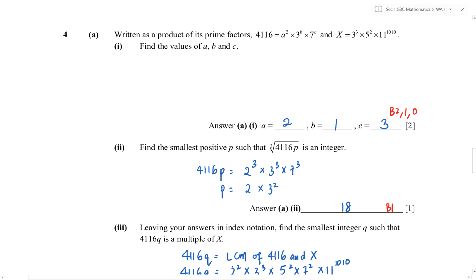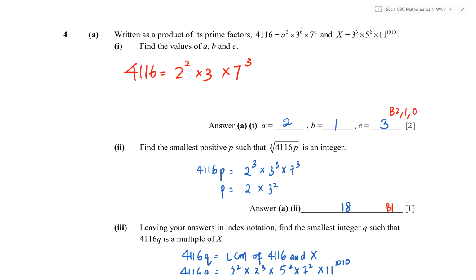Great. So now, for 4116, after you have written down 4116 in terms of prime factors, you will get 2 power 2 times 3 times 7 power 3. So you just compare. A is 2, C is 3.